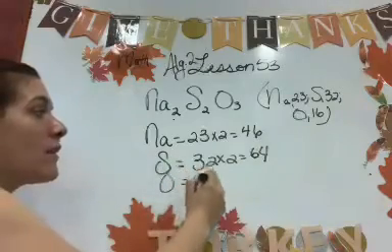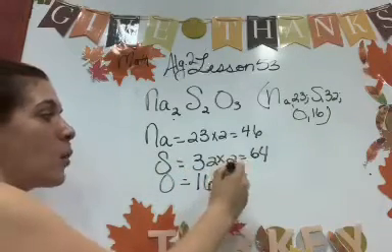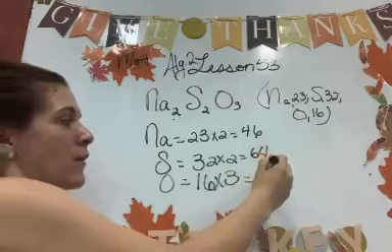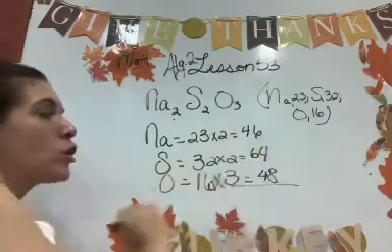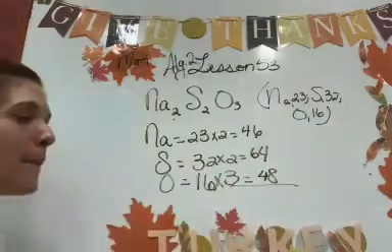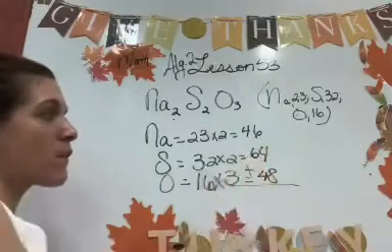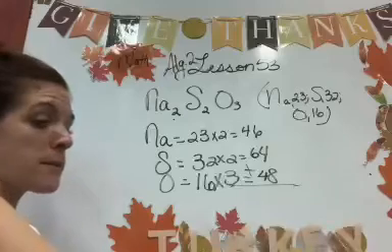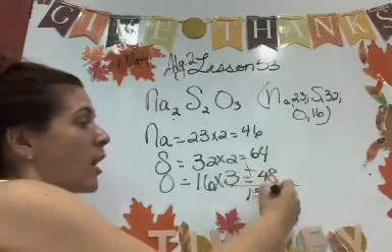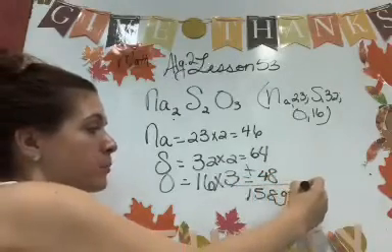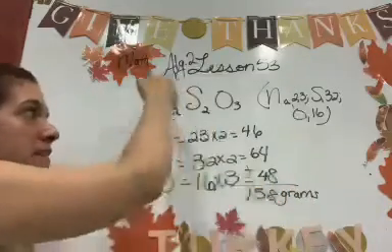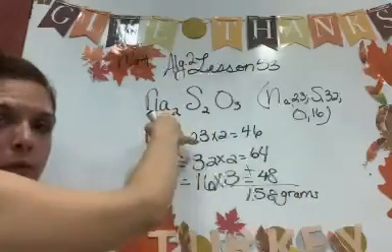Oxygen, there's 3 of them, and each one of them weighs 16, so now you have 48. So your whole compound weighs 46 plus 64 plus 48 grams. Add that together and you're gonna get 158 grams is the weight of this compound, okay?